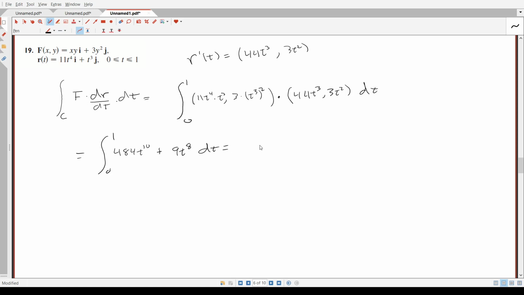So I integrate and I get 484 t to the 11 over 11, which cancels out to 44, plus t to the 9 over 9, from 0 to 1. That's equal to 44 plus 1. It's 45.